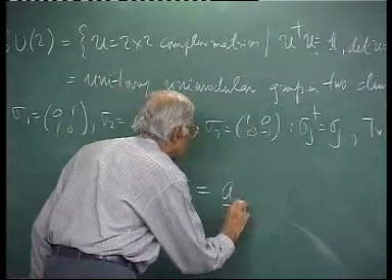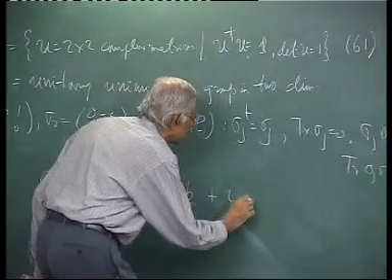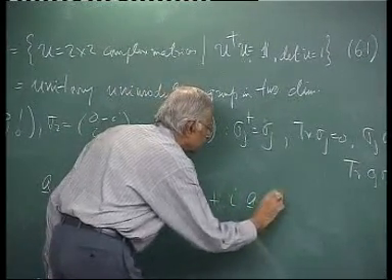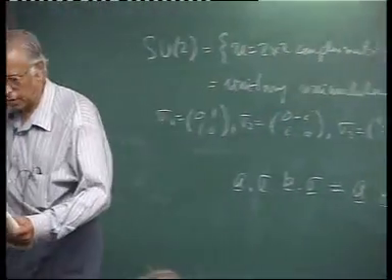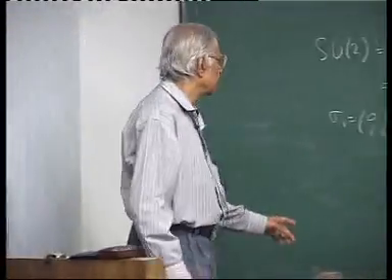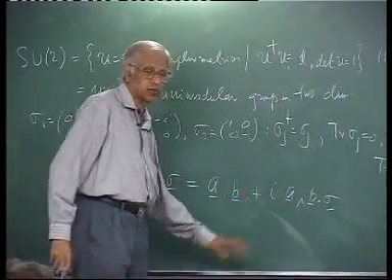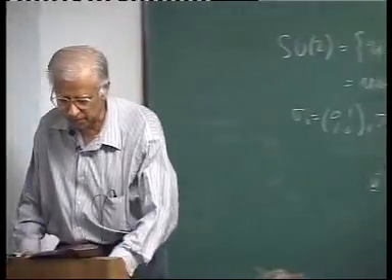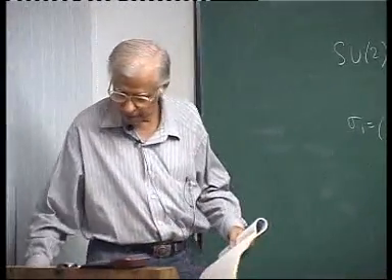A dot b plus i sigma dot a cross b. Always it is understood that this so-called scalar term is multiplied by the unit 2 by 2 matrix. I don't write it explicitly. So these are very important rules of calculation.